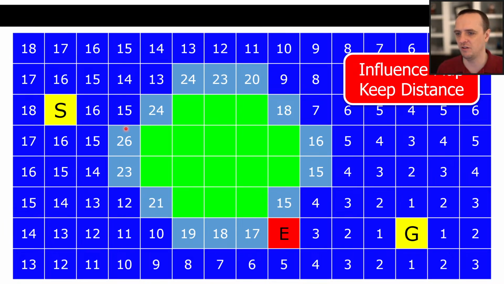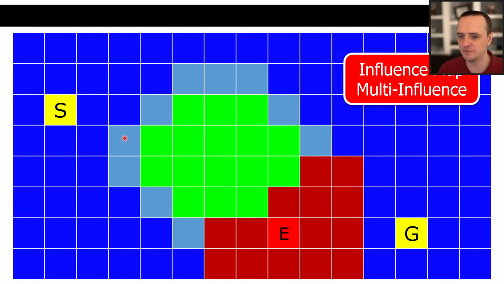It's not a blocked cell. We just want to influence our agent away from that cell. So you can see how this works. We just have extra values here so that when we go toward the lowest cell, we are being guided away from these values. The cool thing about influence maps is that we can actually combine them.